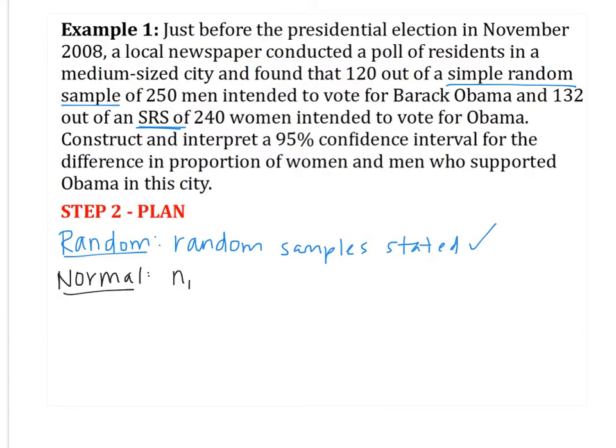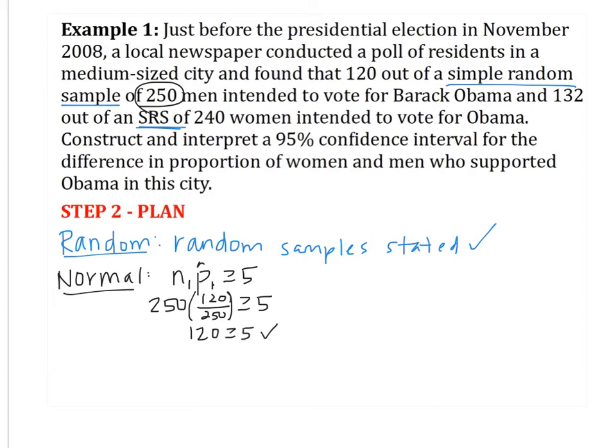So n1 times p-hat 1 greater than or equal to 5. Well, n1, if I think about that being the men, is 250 times p-hat 1, which is 120 out of 250, greater than or equal to 5. That gives me 120, which is greater than or equal to 5.